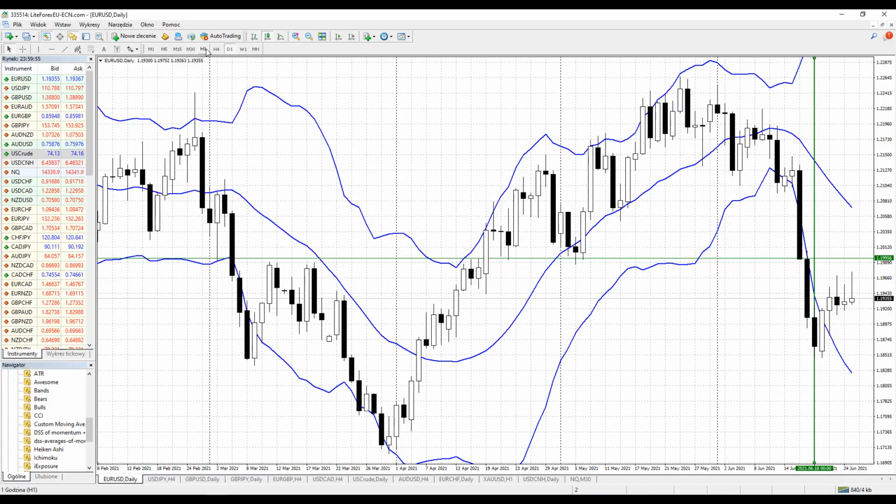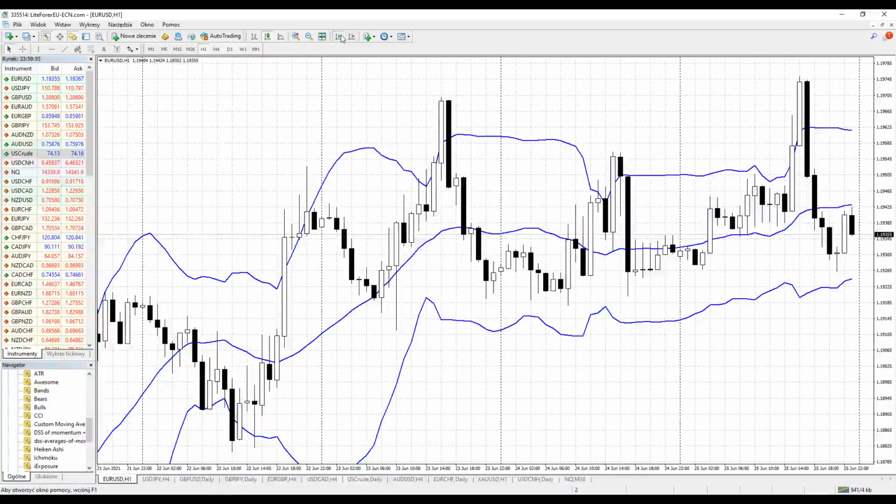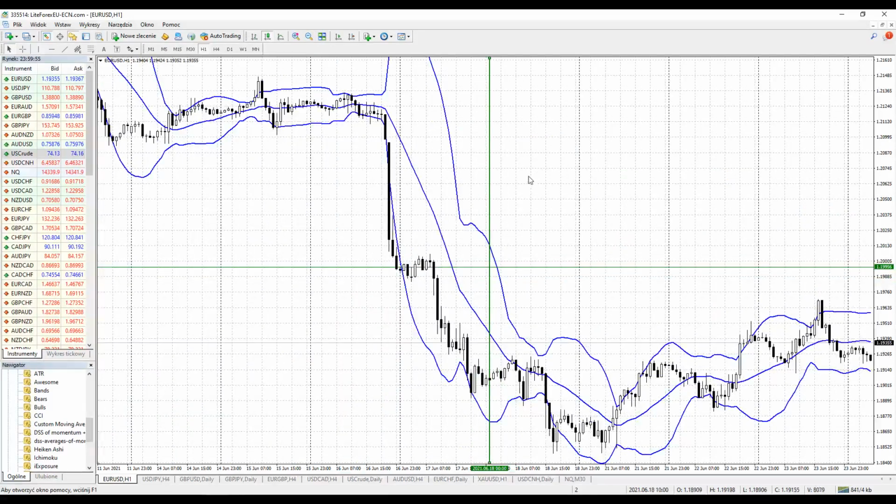So let's switch lower and have a look at what we have on that particular day on the hourly chart. That's the 18th, and that's what we have to the right side, because of the whole price action to the downside.